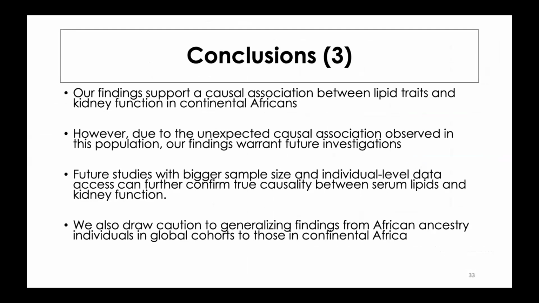Future studies with bigger sample sizes and individual level data can enable us to perform one sample MR also. Then we can confirm the true causality between serum lipids and kidney function. But this also brings caution to the generalizability of findings from one population.